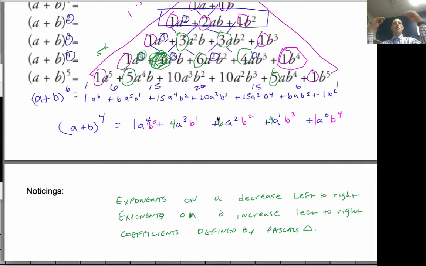You define the coefficients by the line, and then the exponents just step down. A to the sixth, a to the fifth, a to the fourth, a to the third, second, first, 0. And then the b steps up. 1, 2, 3, 4, 5, 6.